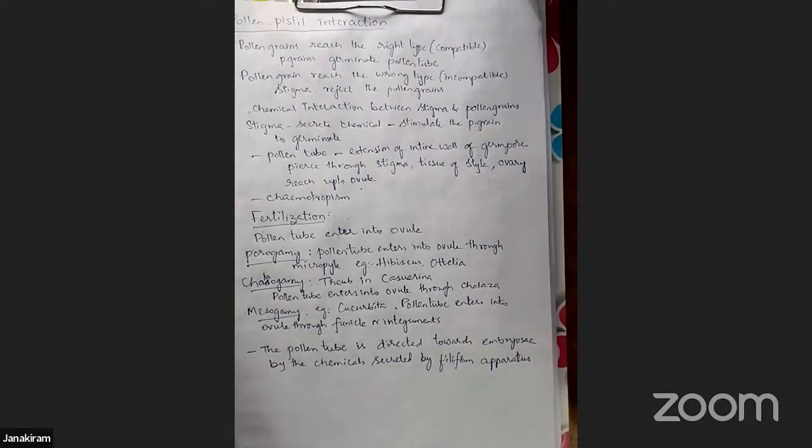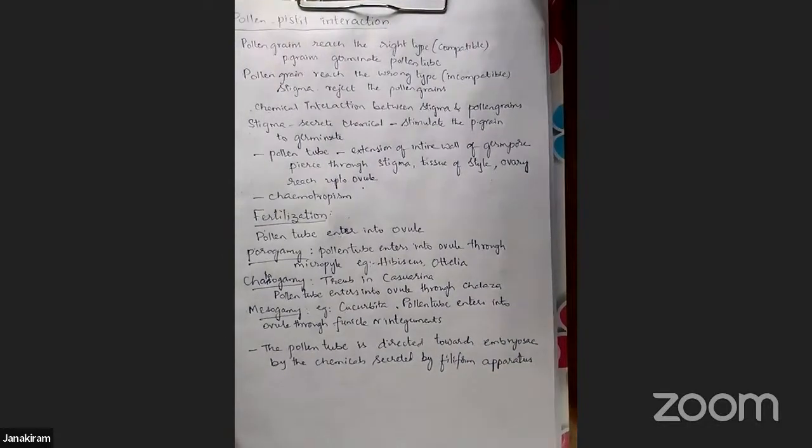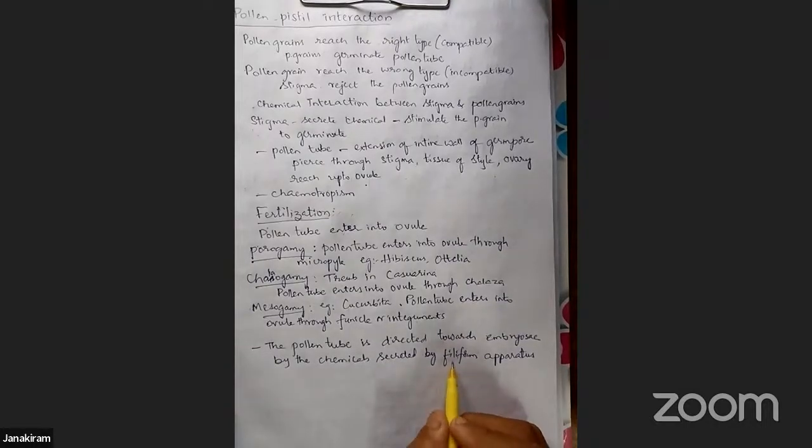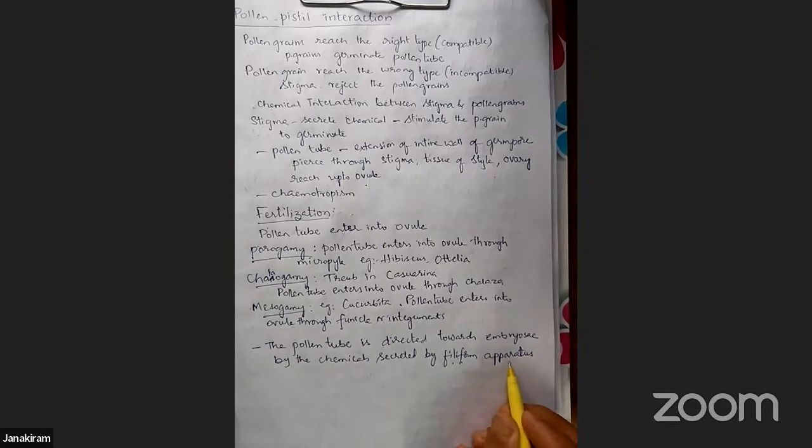In the embryo sac, we know that the egg apparatus is present. The egg apparatus contains 3 cells in total. One is a large cell called the egg cell, which is present in the center. On either side of the egg cell, 2 small cells are present called synergids. And on the micropylar side of those synergids, we can see the presence of finger-like projections. Those finger-like projections are called the filiform apparatus.